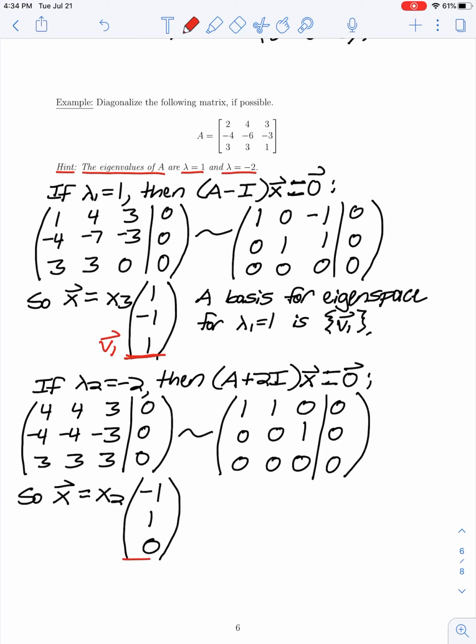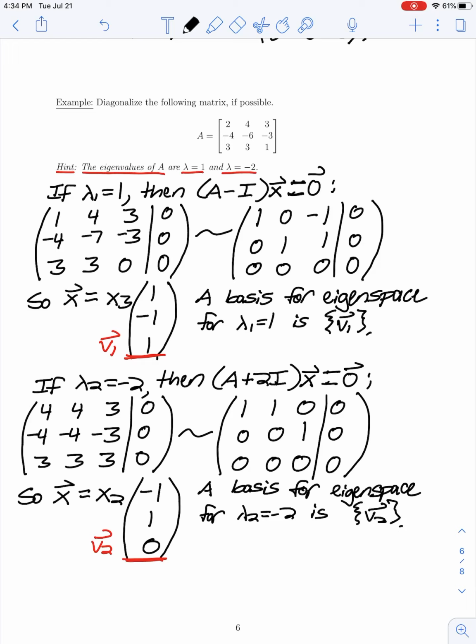So this eigenvector, let's call it v2, would form a basis for the eigenspace for the eigenvalue -2. So here, a basis for the eigenspace for lambda 2 equals -2 is the single vector v2.